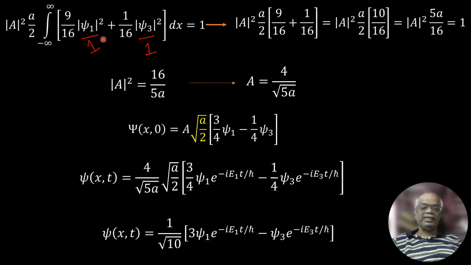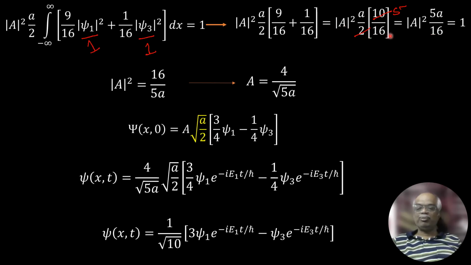So naturally, this integral you will get modulus a squared multiplied by small a by 2, then 9 divided by 16 plus 1 divided by 16. In the numerator you will get 9 plus 1, 10 divided by 16, and modulus a squared small a by 2. If you cancel this, you will get 5. In the numerator you will have 5a, in the denominator 16.